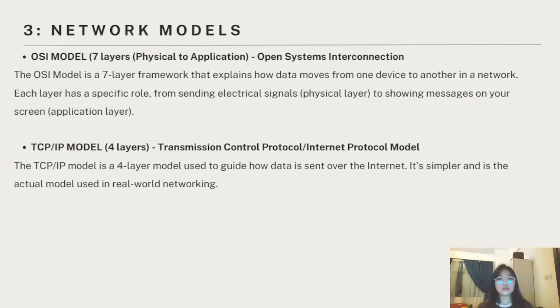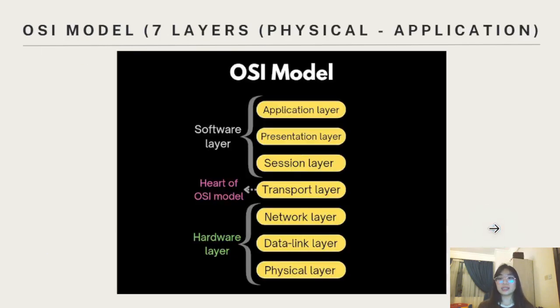And then the second model is the shorter version of the OSI model, which consists of 4 layers. The TCP/IP model is a 4-layer model used to guide how data is sent over the internet, and it's simpler than that. And it is the actual model that is used in real world networking. Now I'm going to explain the first model, which consists of 7 layers from physical to application.